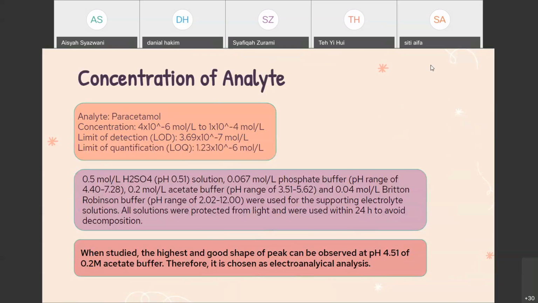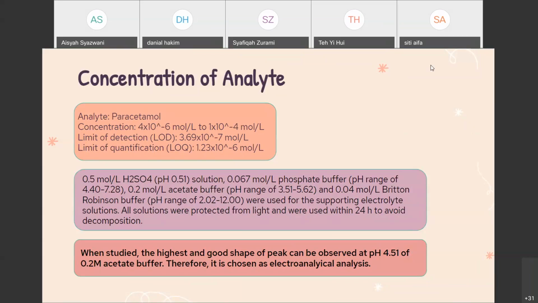Here is the supporting electrolyte that has been prepared, and the solutions are protected from light and were used within 24 hours to avoid decomposition. But then, when we performed the study, the highest and good shape of peak can be observed at the pH of 4.51 of 0.2 molar acetate buffer. Therefore, it is chosen for the electroanalytical analysis.